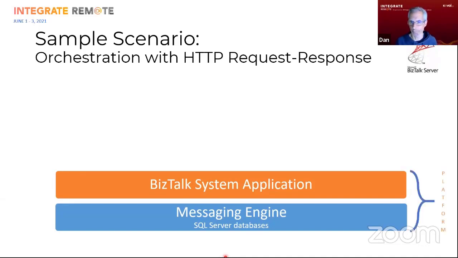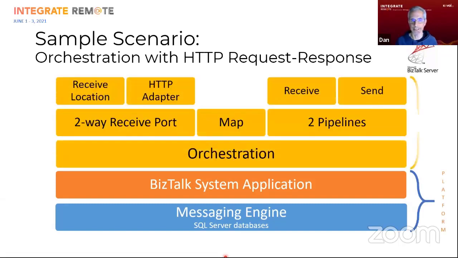So that makes up your platform. Then you have the application that we just discussed that gets deployed over that. And in this case, as I said, it's very simple. It's just an orchestration with a map and a two-way receive port, which then, of course, has a receive and a send pipeline. And all of this is deployed with a binding file that ties it all together.